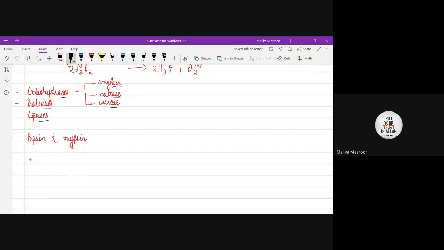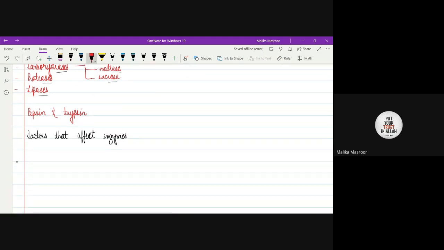Okay. Now, let's talk about the factors that affect your enzymatic activity. Focus on two factors. Enzymes are very sensitive to temperature and pH.